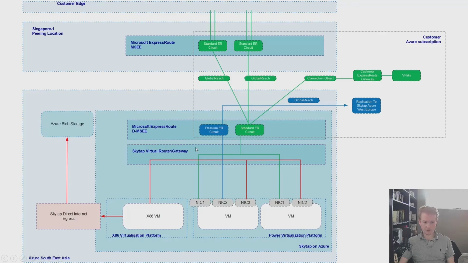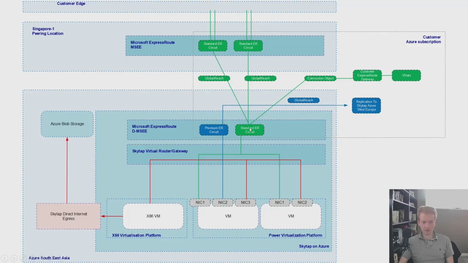Inside of Skytap, the Skytap infrastructure inside of the Azure region, which Skytap manage, there's a series of virtual routers and gateways which are sliced up into isolated customer environments. You can think about this layer as bridging the gap between the workloads at the bottom, so the workloads running on either Power Platform or x86 on Skytap, to the world of ExpressRoute.